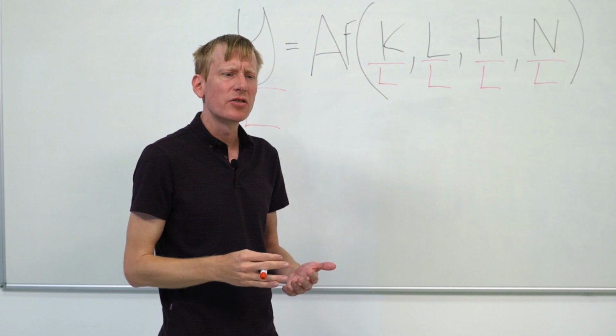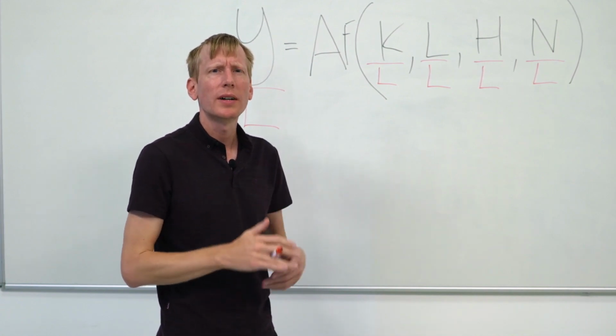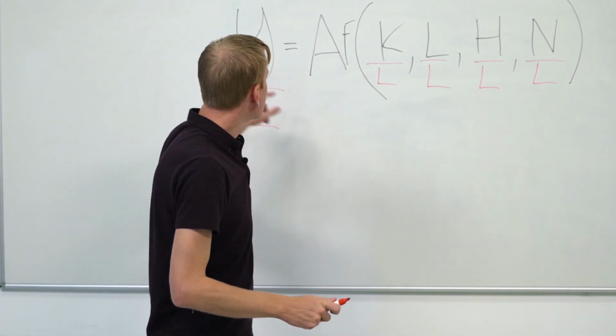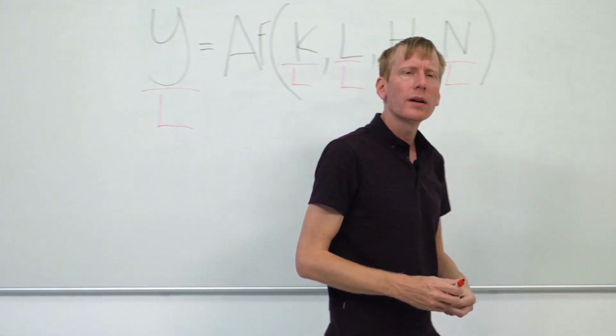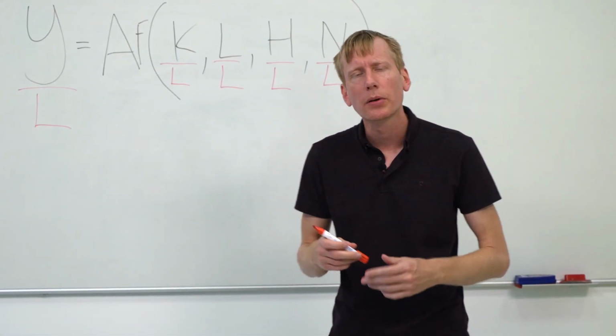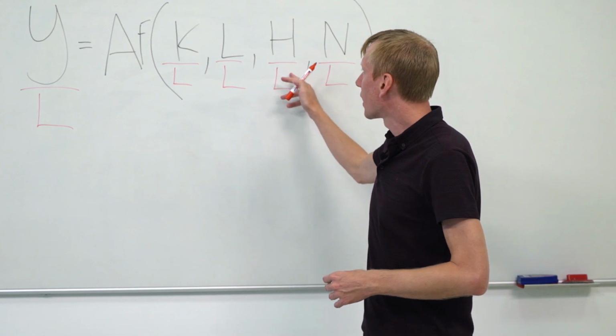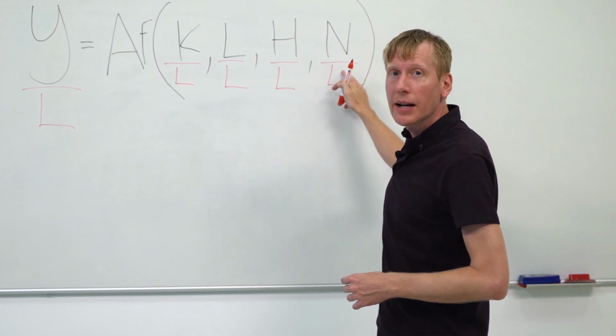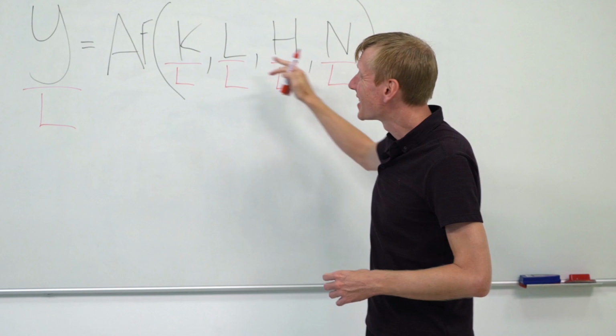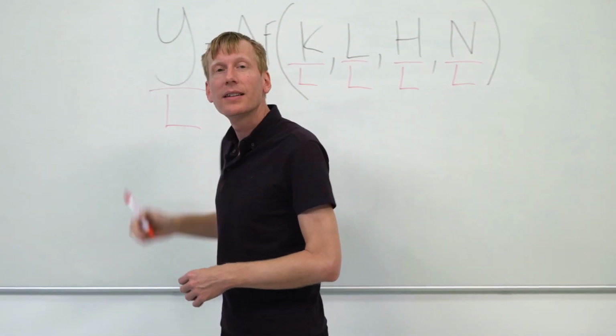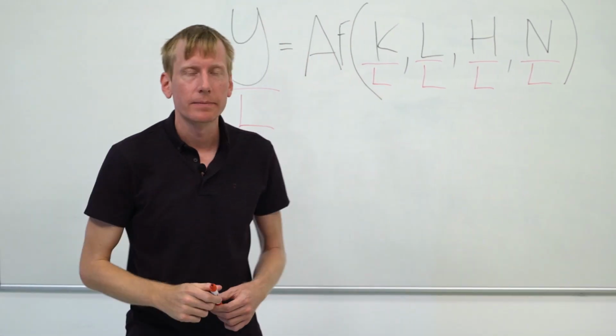Well, L over L is just 1. L over L doesn't mean much of anything. We'd say now, output per worker is a function of capital per worker, human capital per worker, natural resources per worker, scaled by this technology parameter.